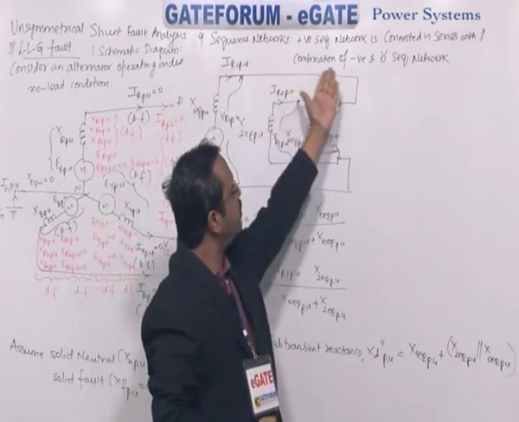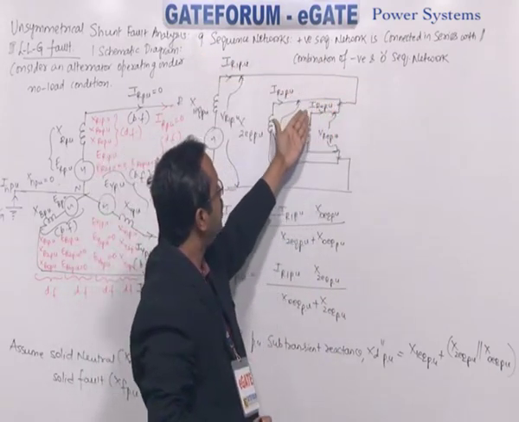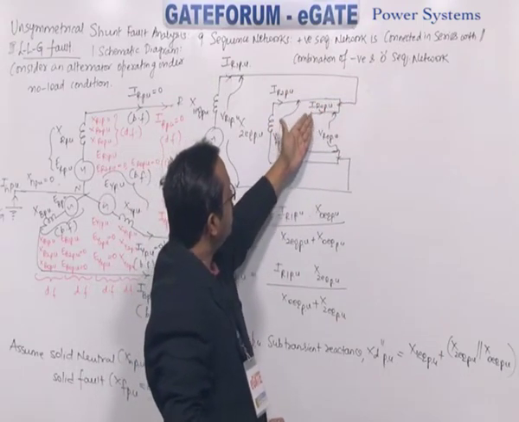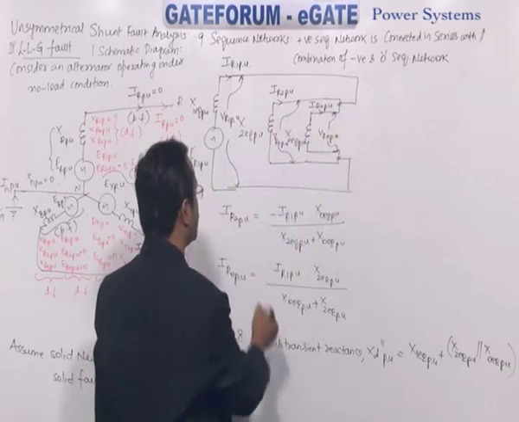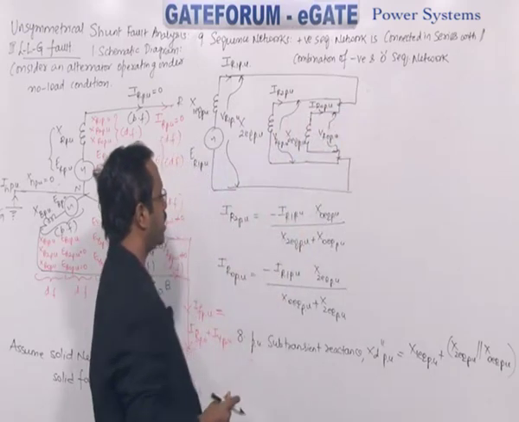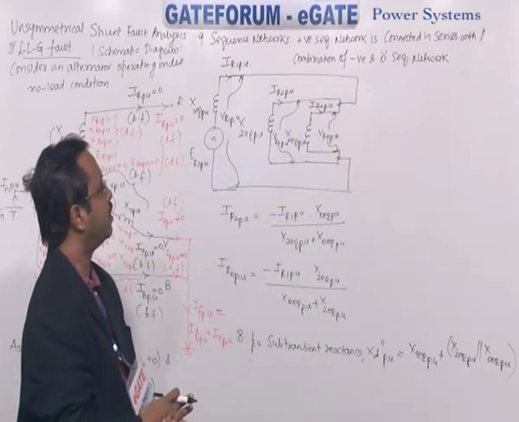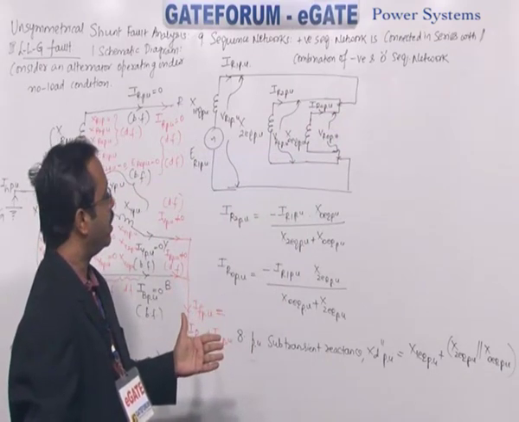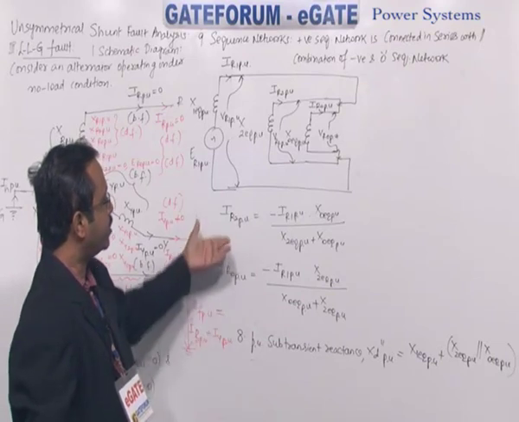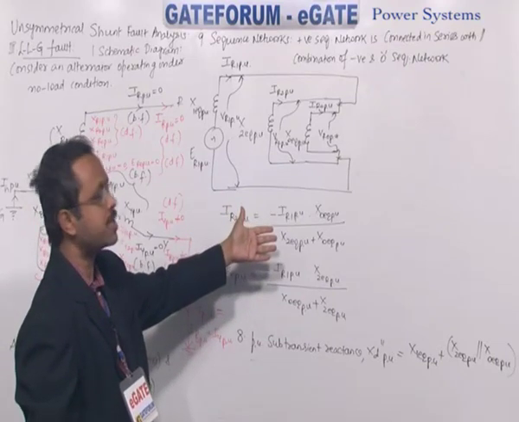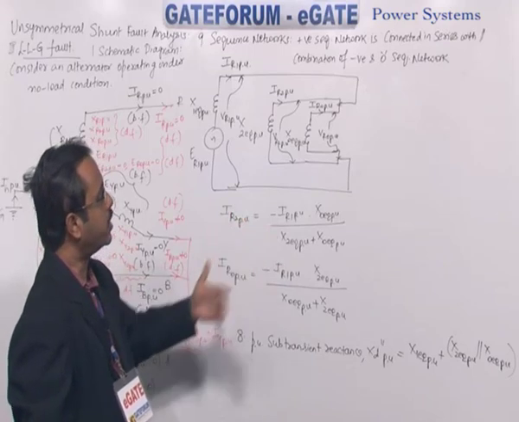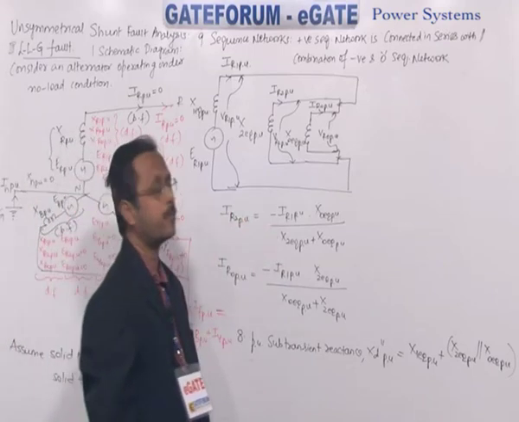If IR1 per unit enters, the current should flow like this, but IR0 is flowing in the opposite direction, so a negative sign. So this gives the representation relating the negative sequence current and positive sequence current, and the zero sequence current and positive sequence current.